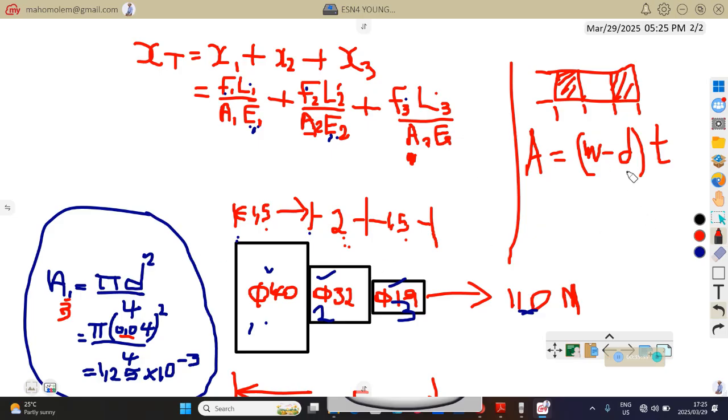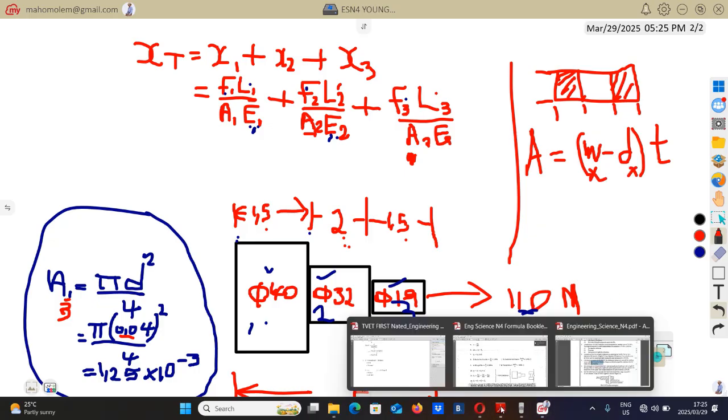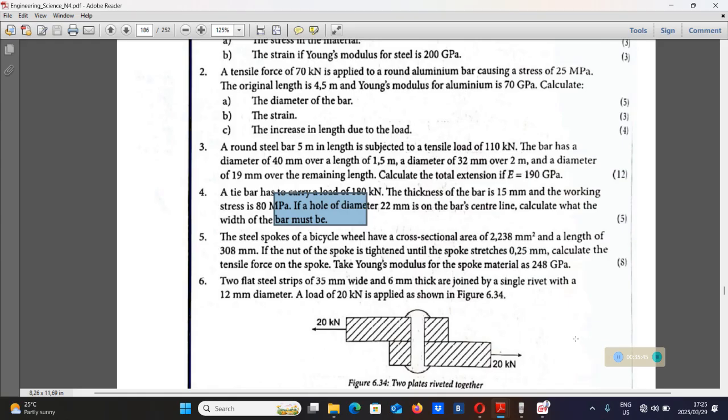In one of those questions, they're looking for the width, W.